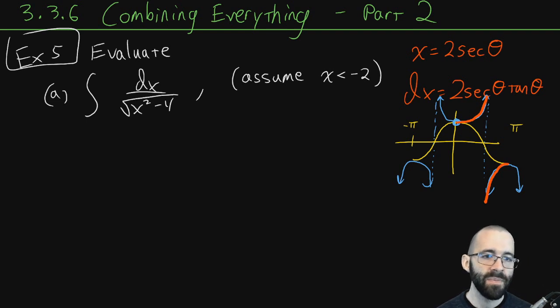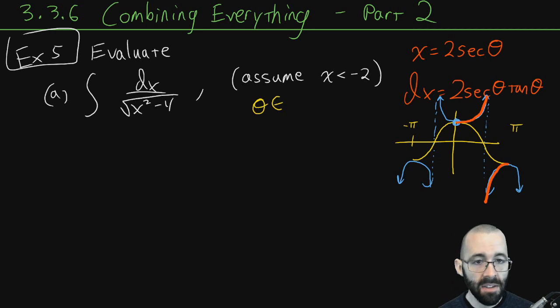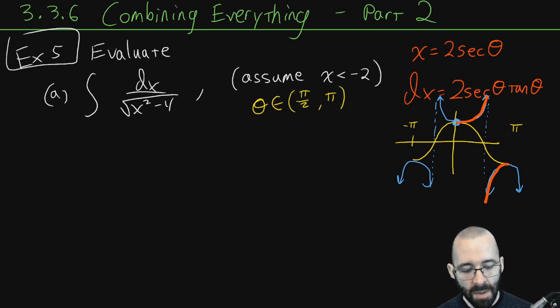So it's like one-to-one. If x is negative, that means we're on this negative part. We need secant to be negative for this to work. So here, x being negative really just tells us that theta is in the interval from pi over 2 up to pi. Because again, this is pi over 2, and this is pi.